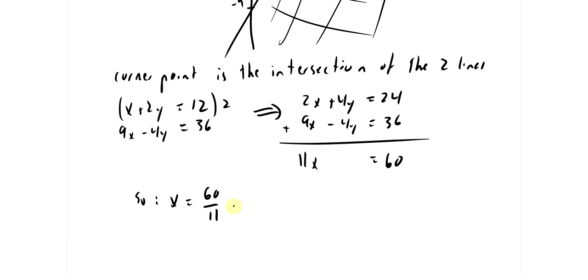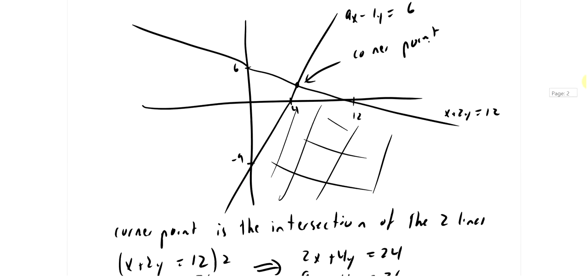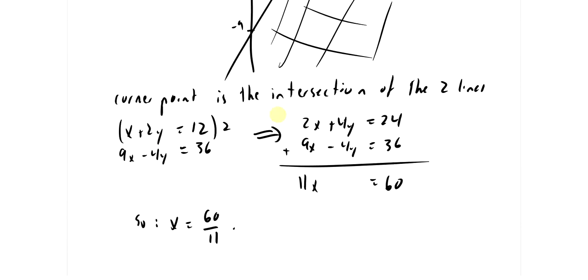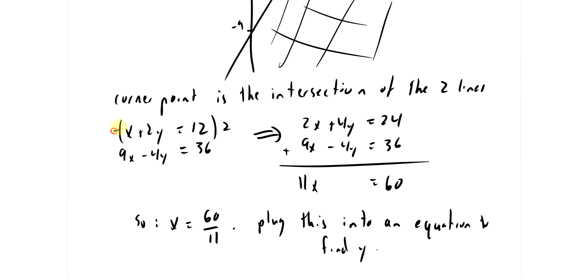Now, that gives me the x-coordinate of my intersection point. That's 60 over 11 here. What I need to know now is what's the y-coordinate of that point. Well, I've got lots of equations floating around. I just need to plug it into one of these two equations to find y. So I'll plug it into this equation.